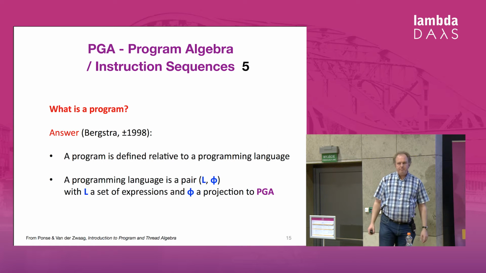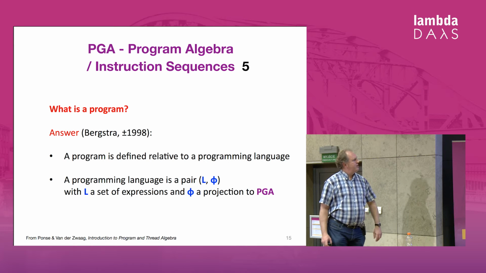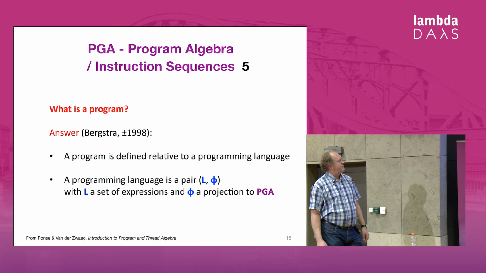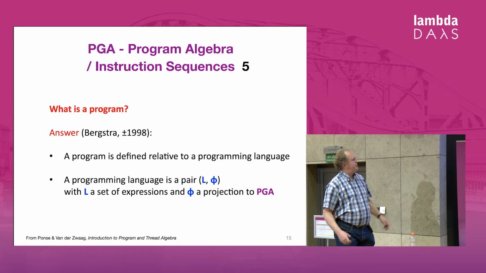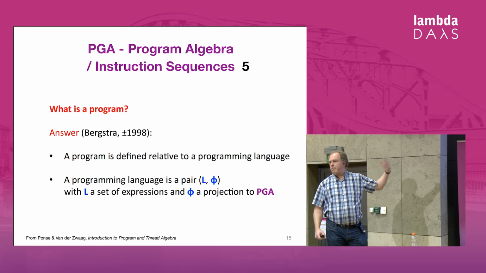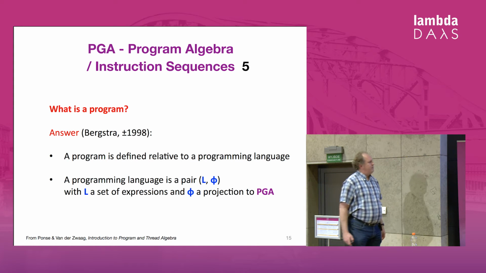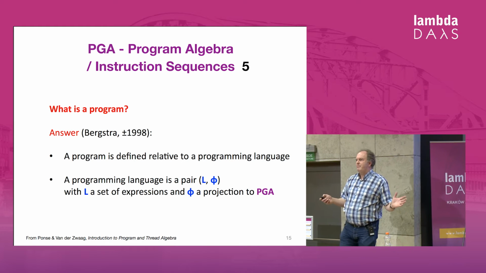Then Bergstra reasons about what is a program. He says, well, a program is just defined relative to a programming language, and a programming language is just a set of expressions and a projection to this program algebra. It's a definition, it's not a theorem.